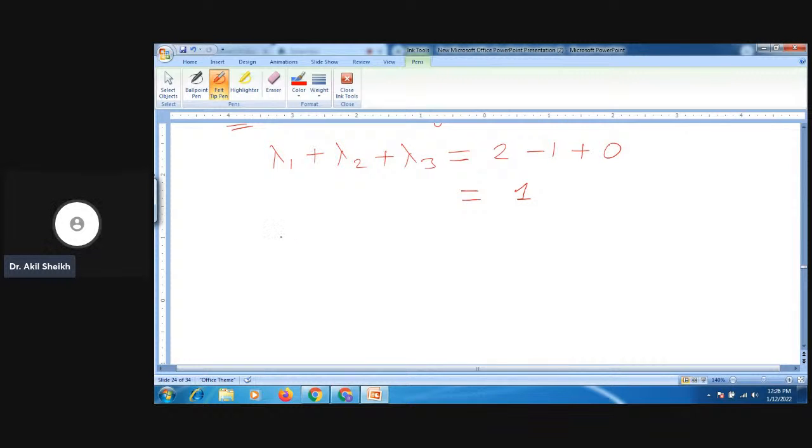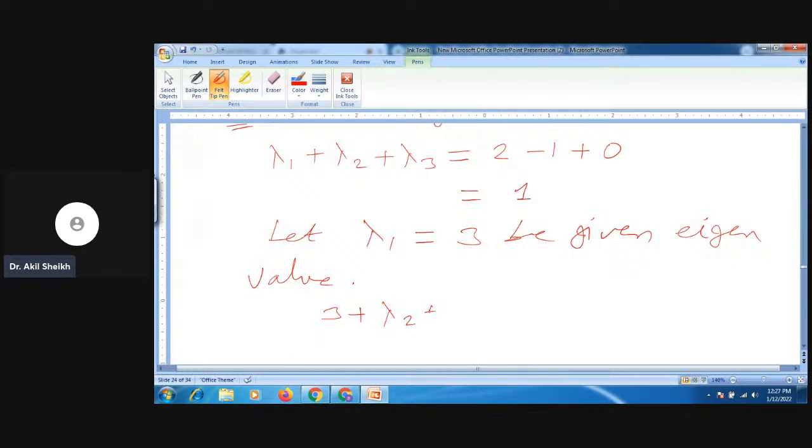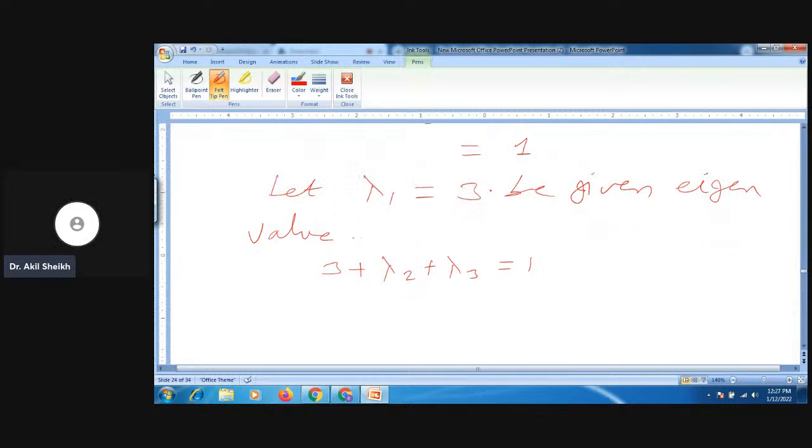Now we are given one eigenvalue as 3. So just let lambda 1 equal 3, the given eigenvalue. Just substitute the values in our equation. We get 3 plus lambda 2 plus lambda 3 equals 1. So lambda 2 plus lambda 3 becomes 1 minus 3, which is minus 2.